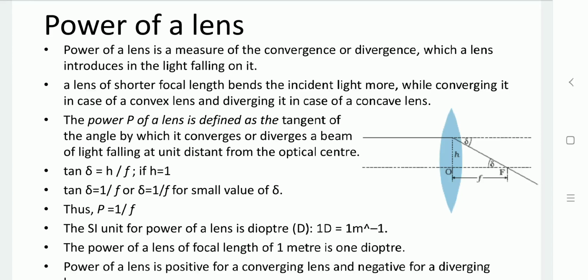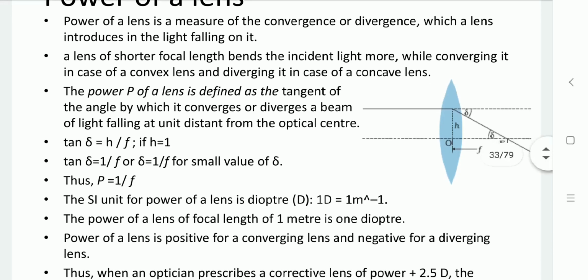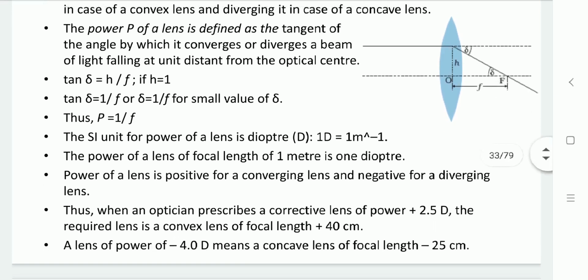Its unit is diopter. 1 diopter equals 1 per meter. So the power of a lens with a focal length of 1 meter is 1 diopter. This power is positive for a converging lens, and negative for a diverging lens.